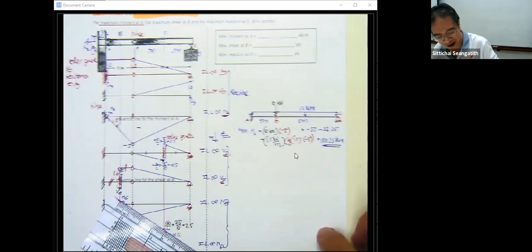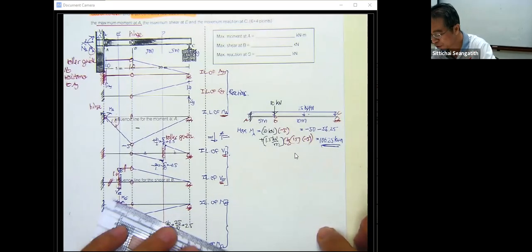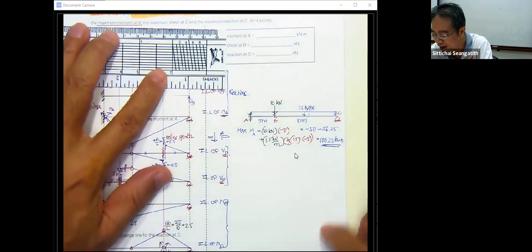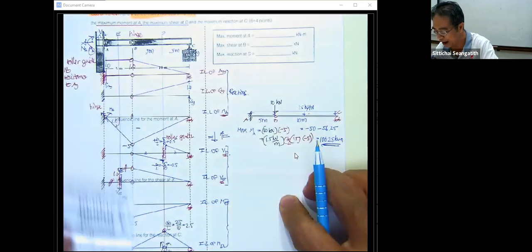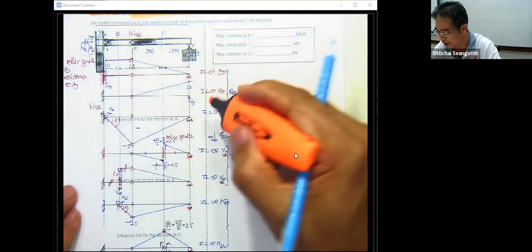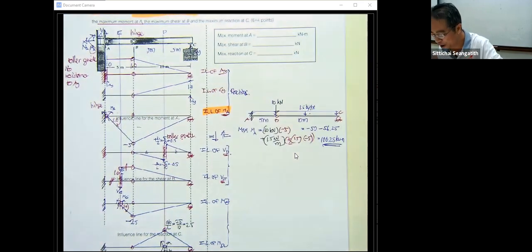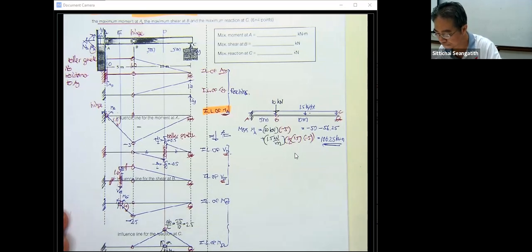Okay, and then a little bit later, you determine next the shear force at B. We have the M sub A already, and the shear force at B, V sub B. Oh, we didn't draw the influence line of V sub B yet.